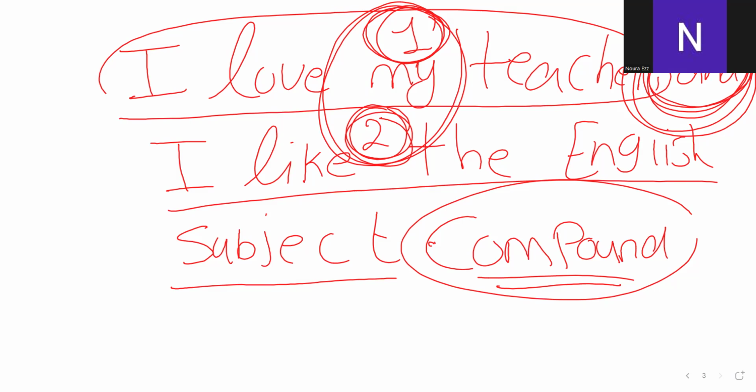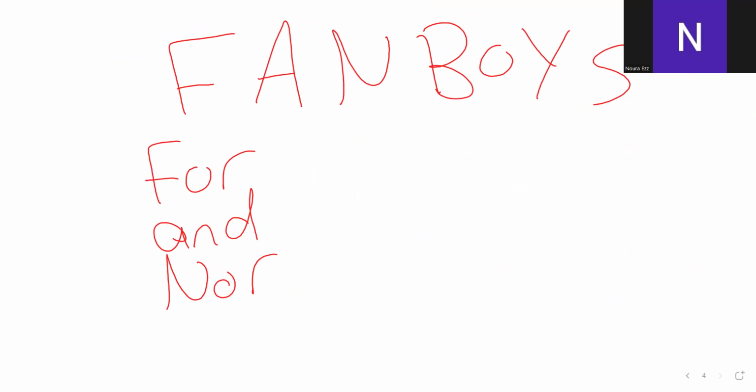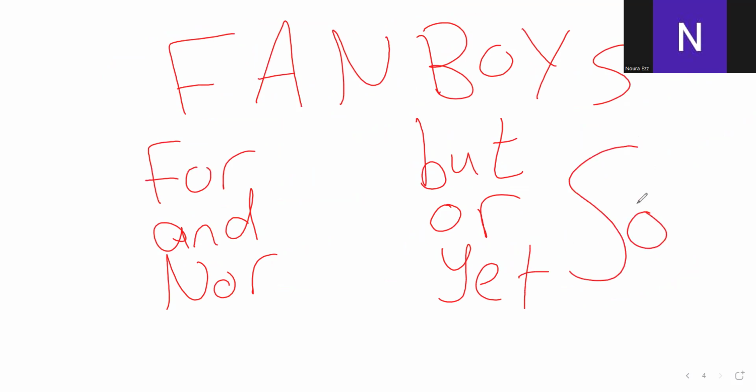What are the types of conjunction that I would be able to see in the compound? They are the FANBOYS: for, and, nor, but, or, yet, and so.